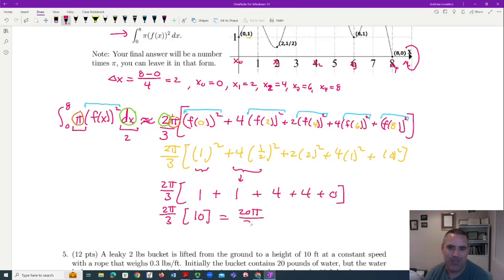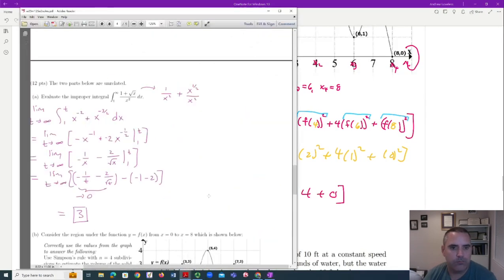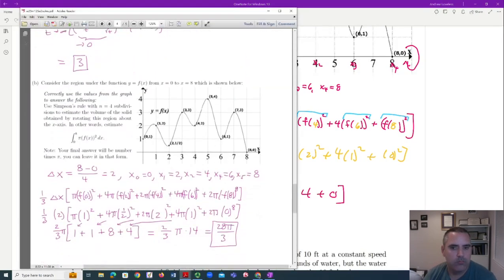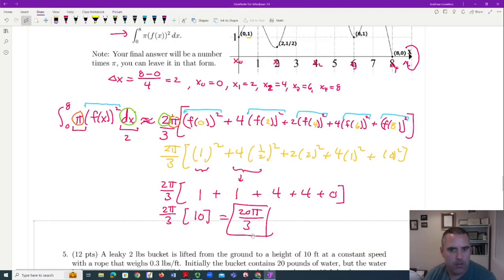20 pi over 3. Let's see how we did. 28 pi over 3. Did I add something incorrectly? Possibly. Did I miscopy a number? That is 10.